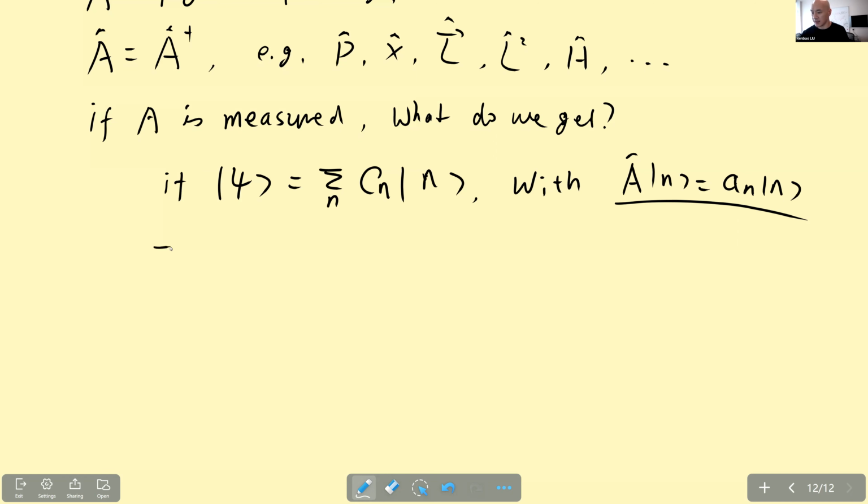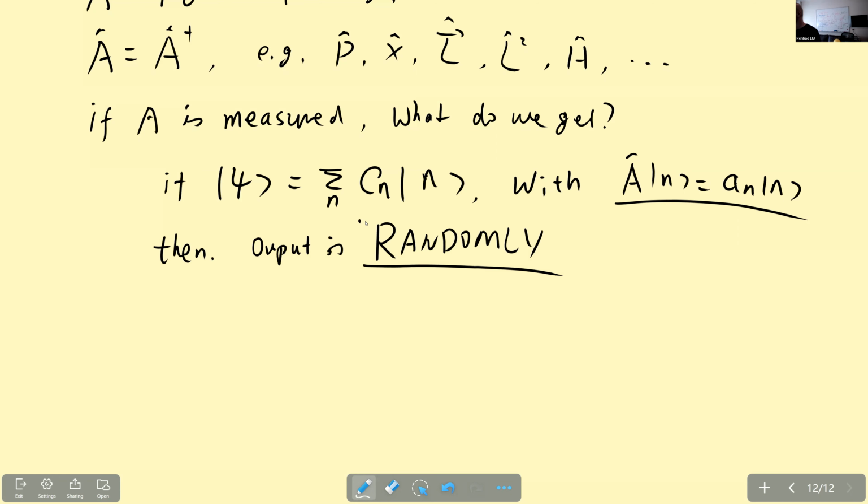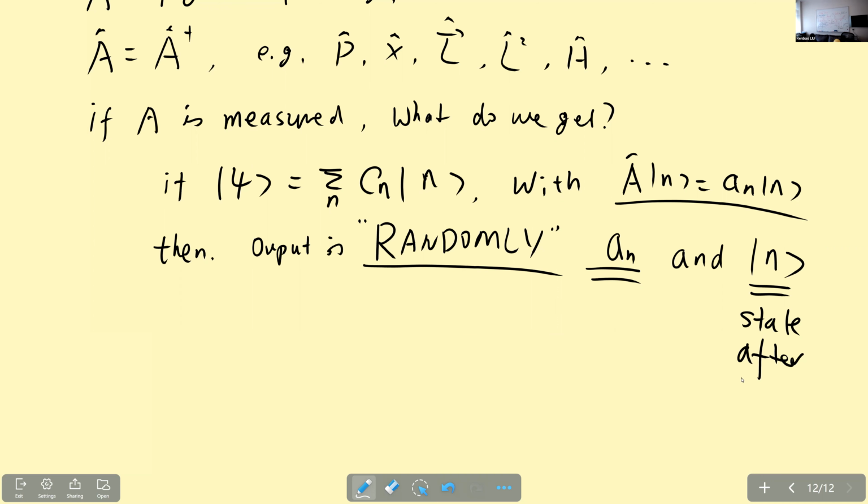And then the output is random. This is something surely unusual in physics. The output is a_m and the corresponding |m>, the state after measurement.